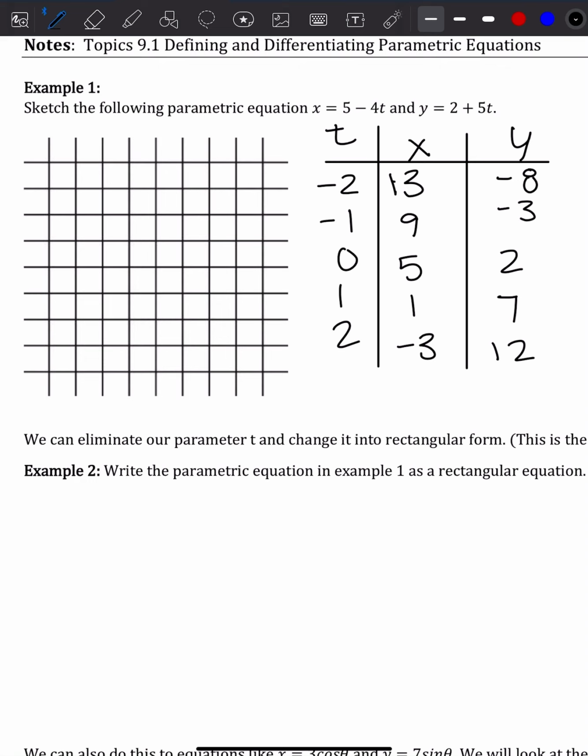Our y values are looking like they're between -8 and +12. Since I'm going to get rid of 13, I can get rid of -8. So we're really looking between -4 and 12. So I'm going to make my graph kind of look like this. So my x-axis is going to be here. My y-axis, we'll do it here.